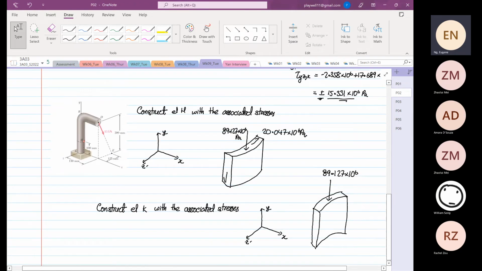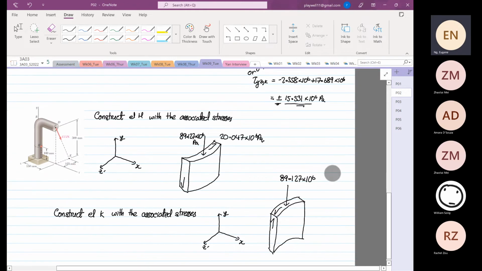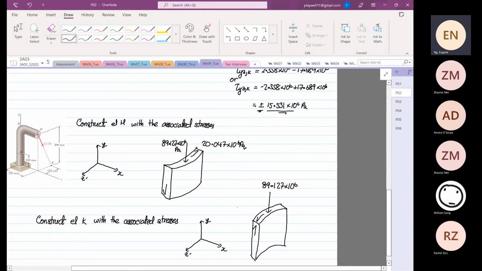So now the shear stress is coming down this way, and this is equal to 15.331 times 10 to the power 6 Pascal.